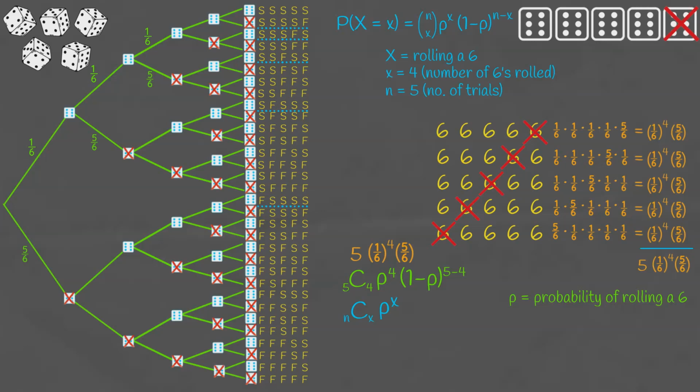And 1 minus p to the power 5 take 4 becomes 1 minus p to the n take x because n is 5, the number of trials, and x is 4, the number of sixes rolled. And remembering that nCx can be written n over x in brackets like this, we can substitute that back into the equation. So the final equation is this, the binomial formula.